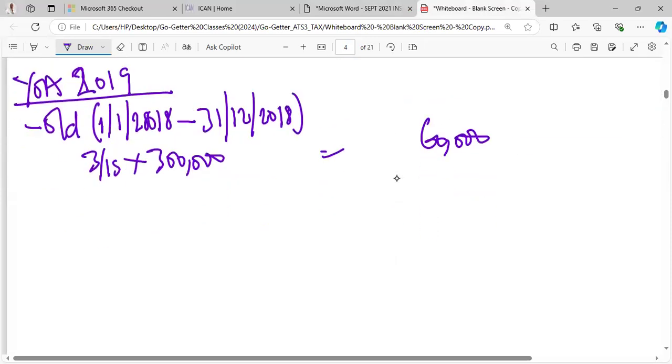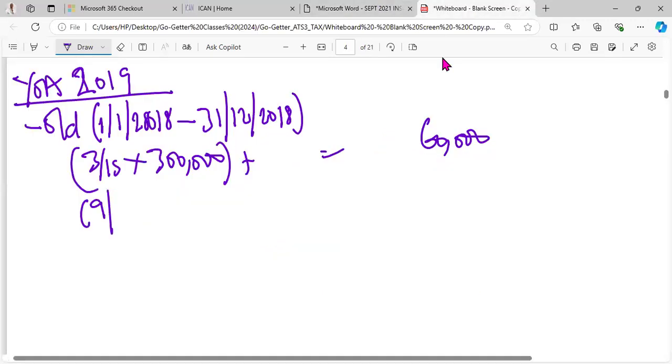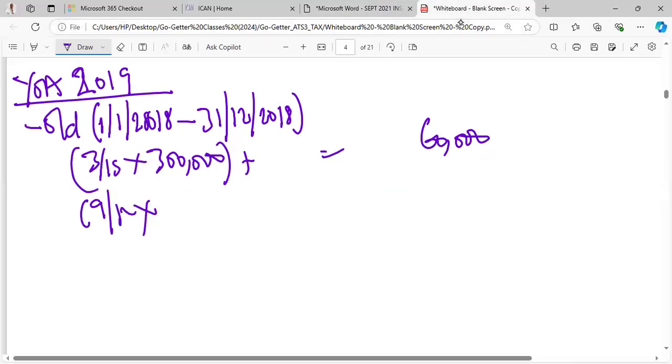Then plus, we'll take 9 months from this remaining 12. So 9/12 times 200,000. So let's see what it will give us.